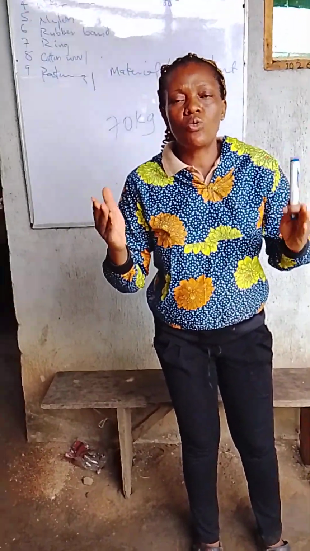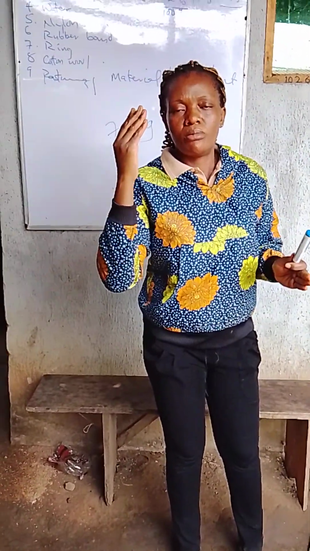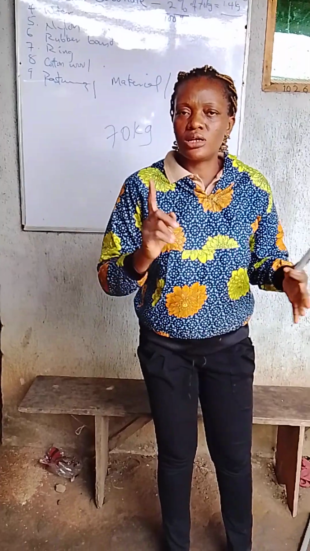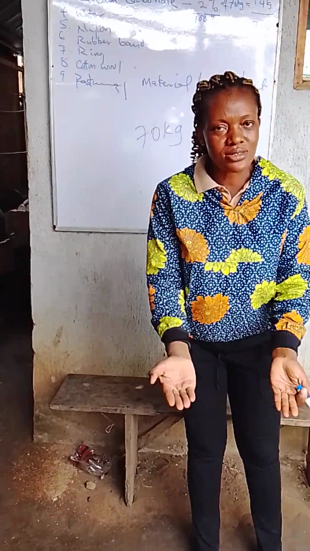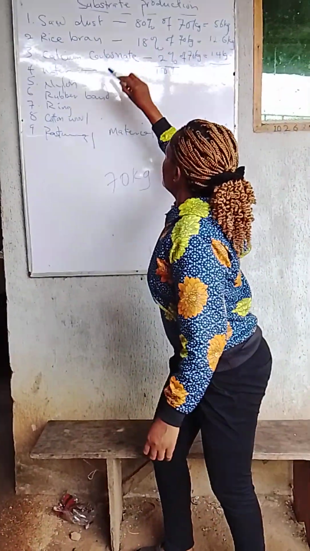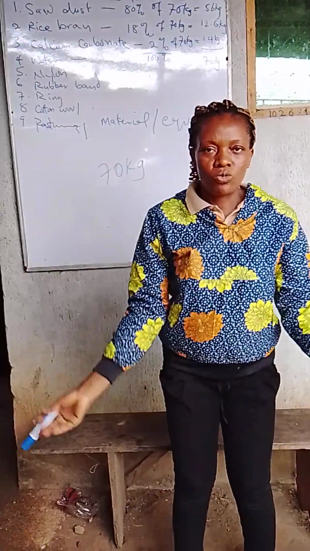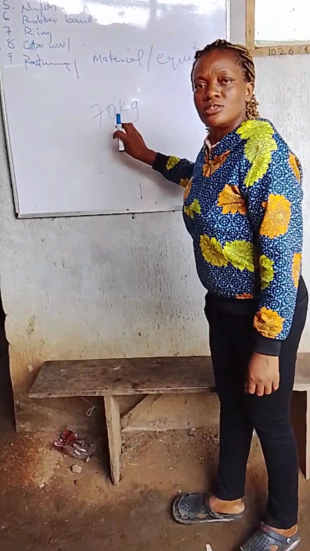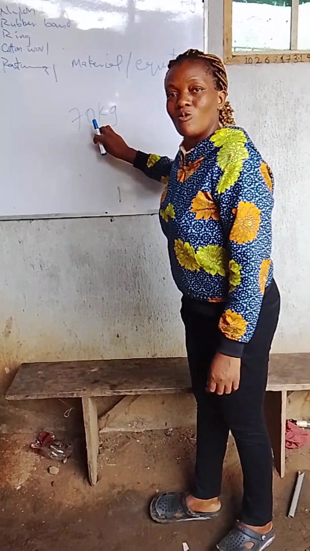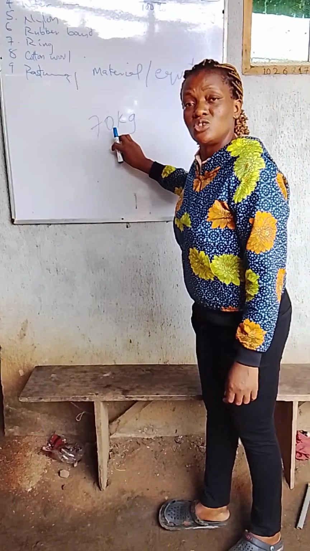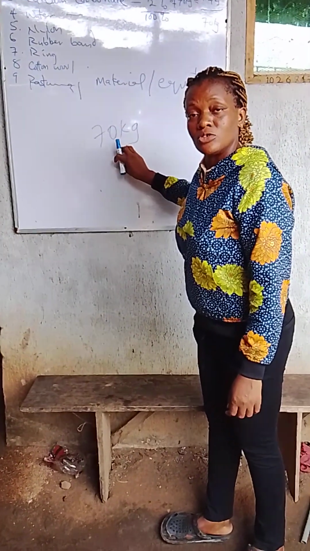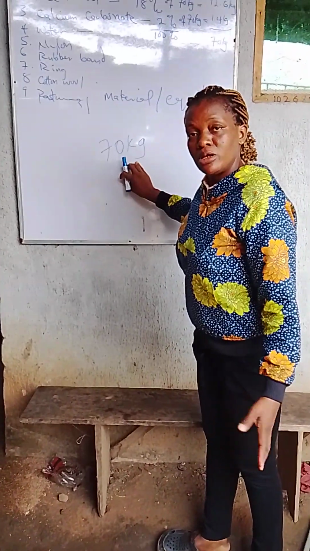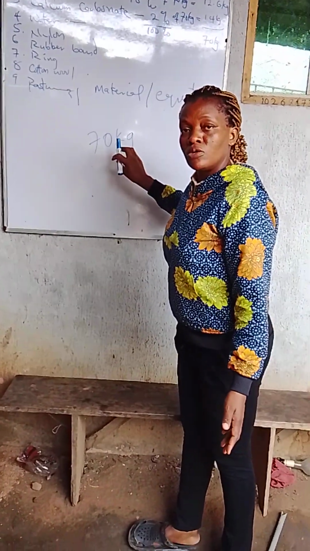How do we know the quantity of the rice bran, the sawdust, and the calcium carbonate we measure on our scale? Like we said, 80%, 18%, 2%. What is 80%? How do we know it?